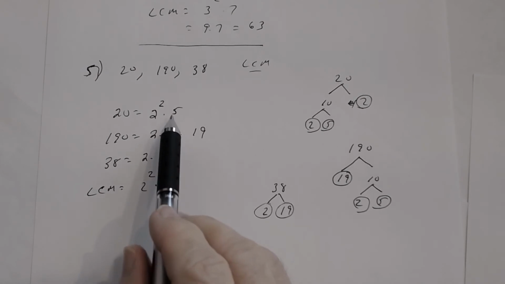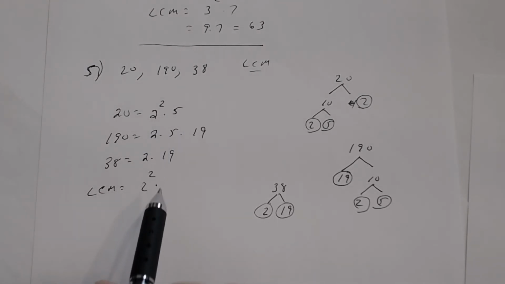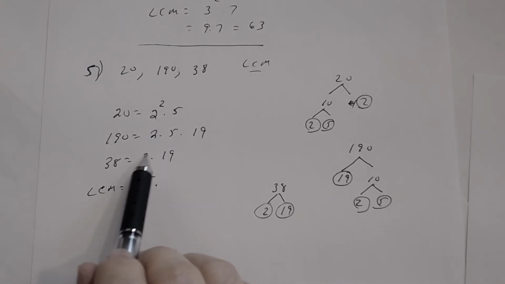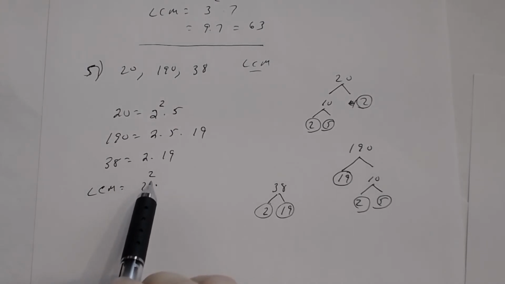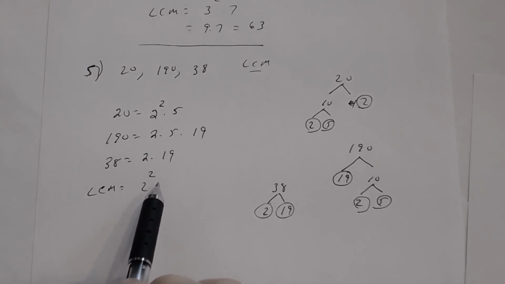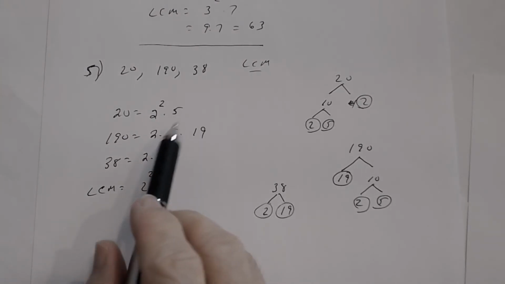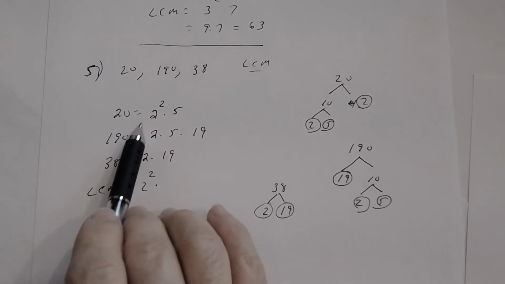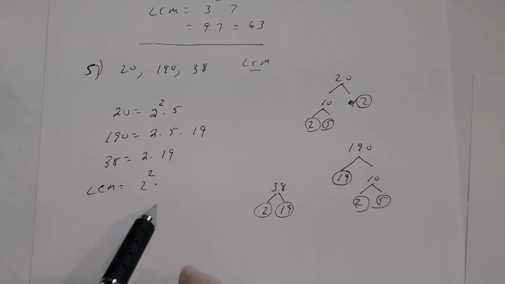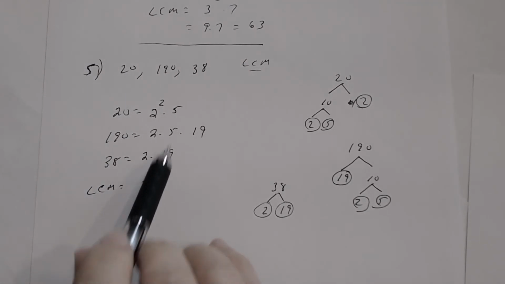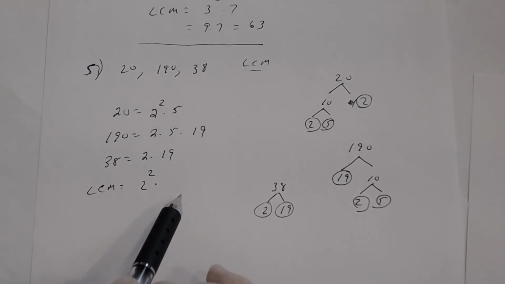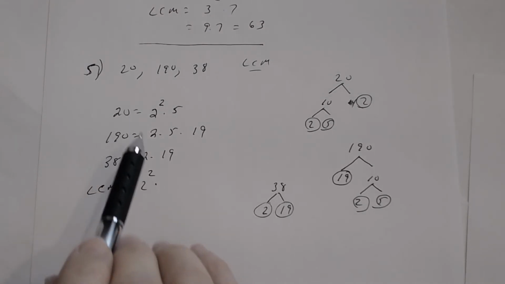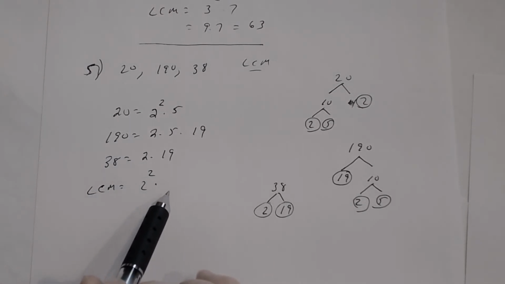Times. All right. Now, I see a factor of 5. You may say, but there's no factor of 5 here. It doesn't matter. We're talking about a least common multiple. The least common multiple has to be bigger than or equal to 190, so 20 has to go into that number as well. So I need a factor of 5. In order for 20 to go into the least common multiple, 5 has to go into it also.